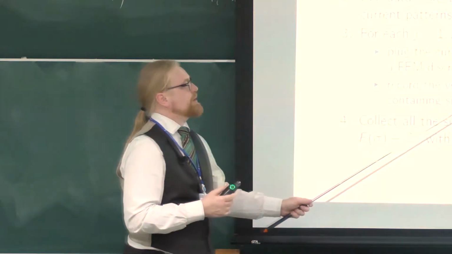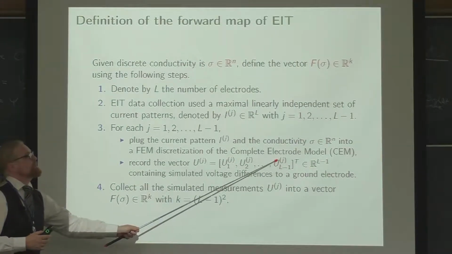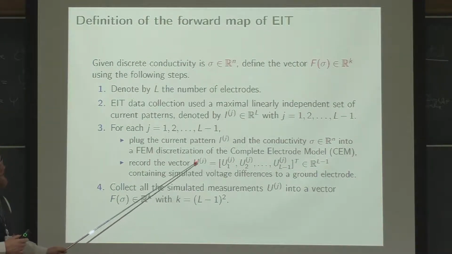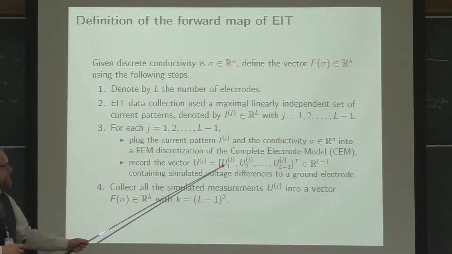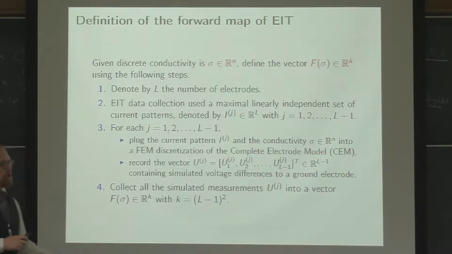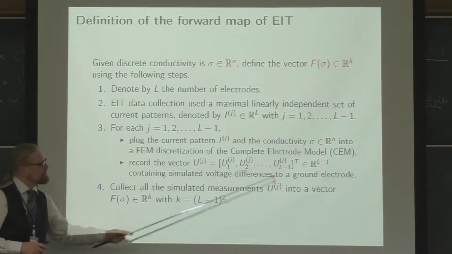Although now it's just a sum, so some of these guys will be 0. Here I'm kind of thinking that we choose one electrode to be the ground electrode and record the differences to the ground electrode. So then we would have L minus 1.